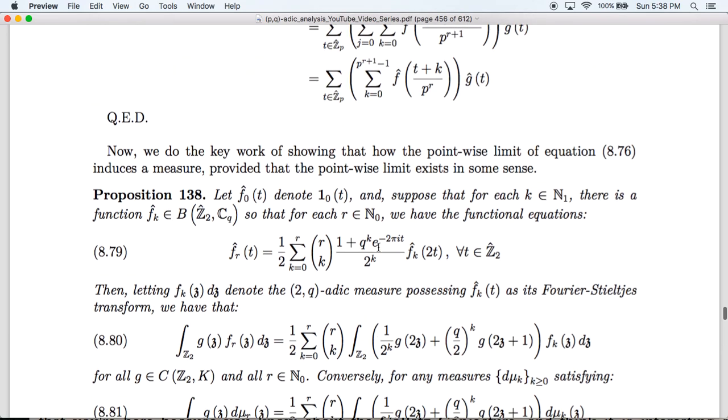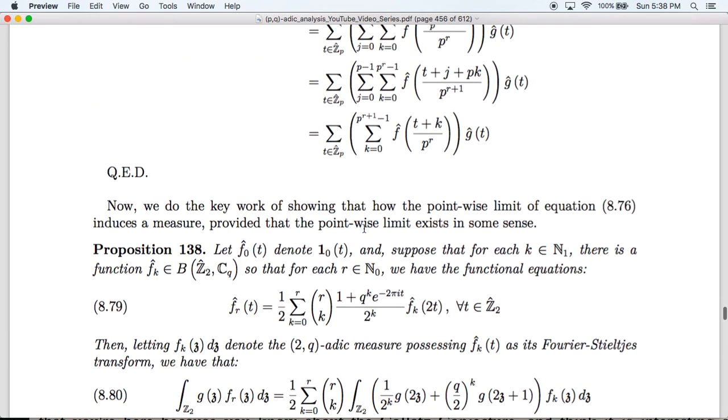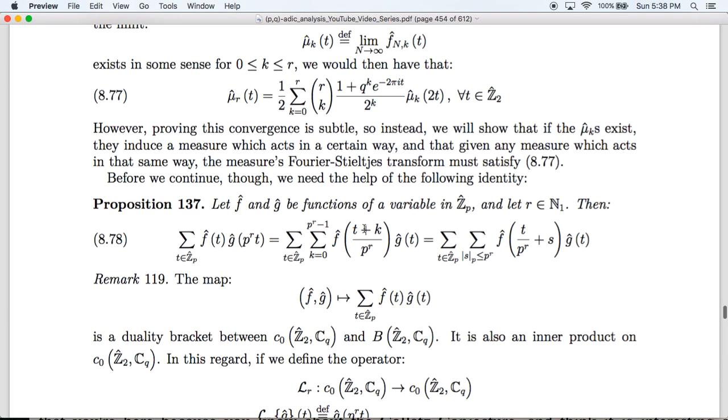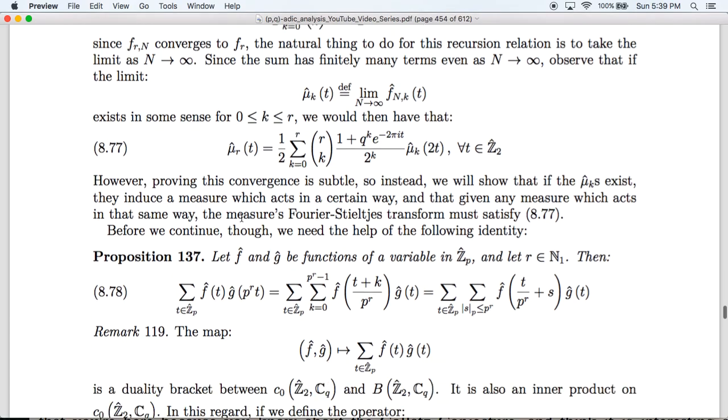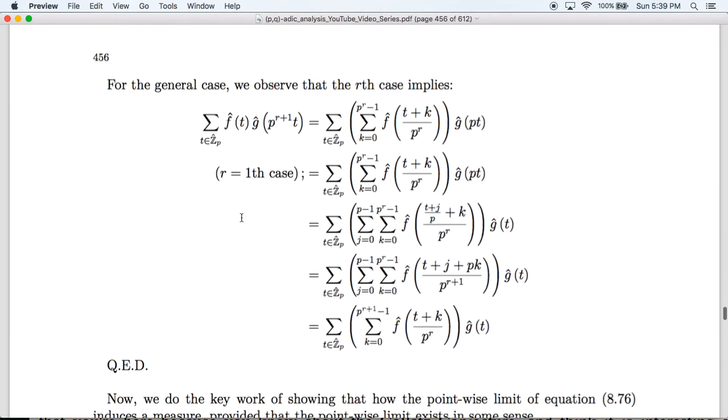No, actually, before that, we're going to do something else. So we do the key work of showing how the pointwise limit of this induces a measure. In other words, before we talk about this convergence, suppose that this holds true for some measure's Fourier transform. Then that measure must affect functions in a certain way.